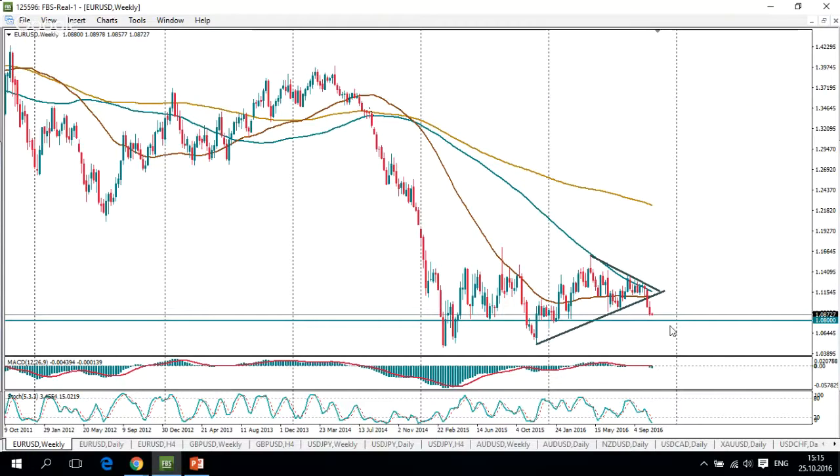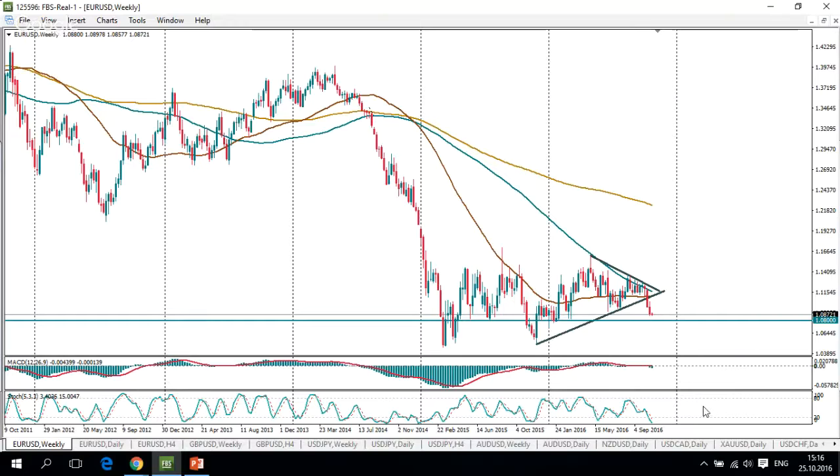Looking at this chart, we can see that the former support levels around 1.11 now play the key resistance area for the euro dollar, and as long as the pair is trading below this level, the picture will remain bearish in the medium term.